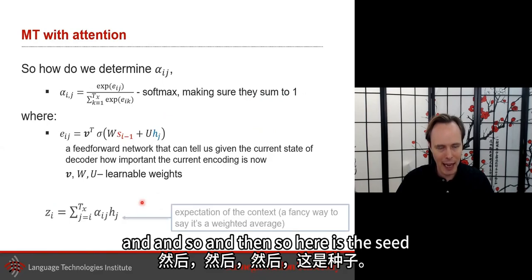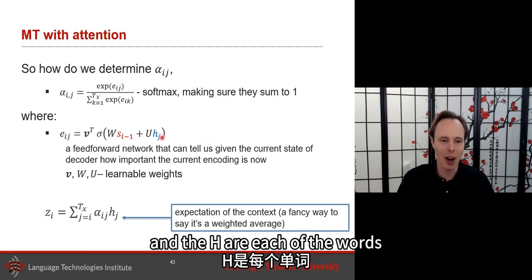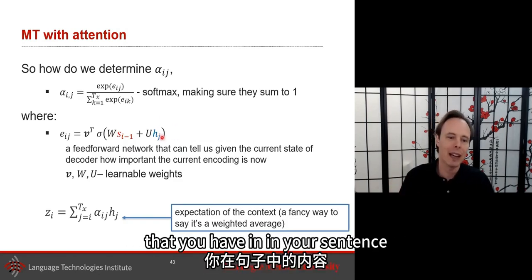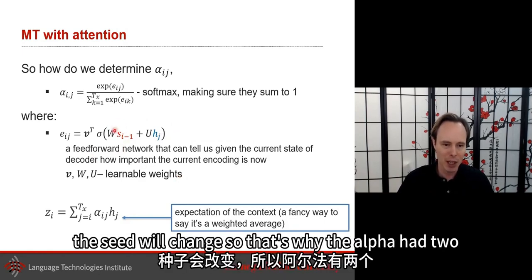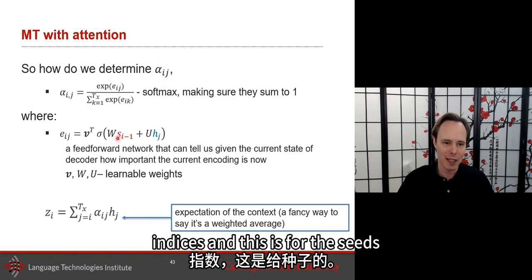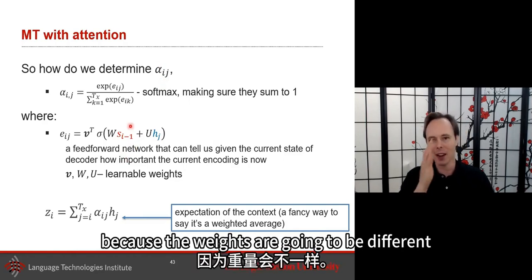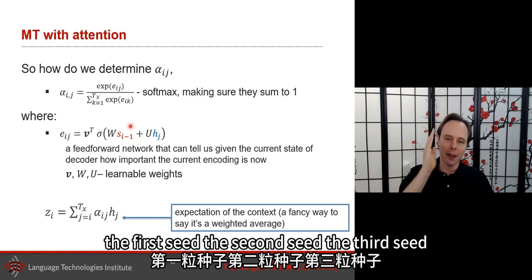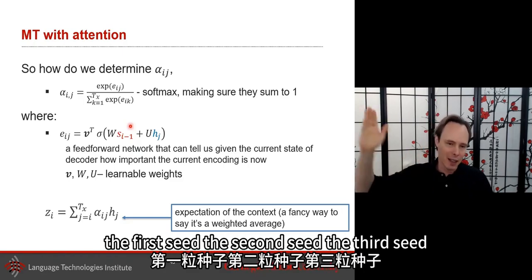So here is the seed, and the H are each of the words that you have in your sentence. So the seed will change. So that's why the alpha had two indices. This is for the seeds because the weights are going to be different. The first seed, the second seed, the third seed.